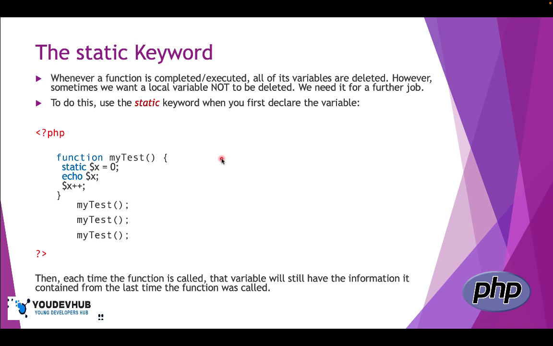The static keyword ensures that the value of the variable remains throughout the execution of your script. Each time the function is called, that variable will still have the same information it had from the last call because you have the static. So static is a way of making a variable permanent. Try it out yourself and reach out to me whatever happens.